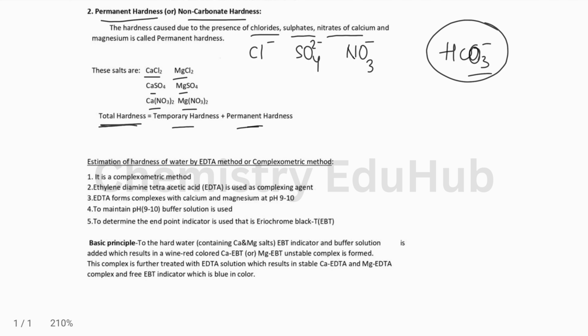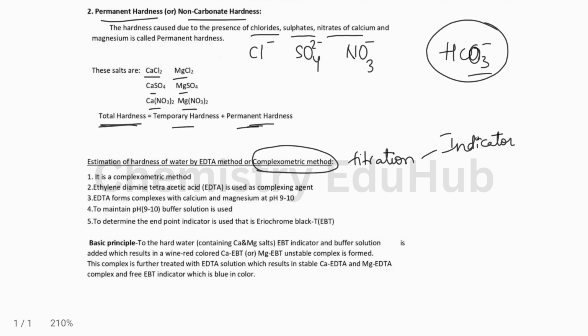So we can determine this hardness by using a complexometric method, or we can also say complexometric titration. For any titration, generally we need an indicator, we need a burette, we need a pipette.